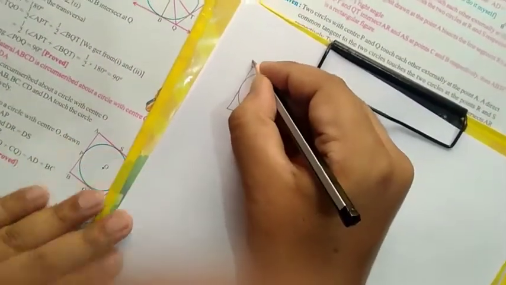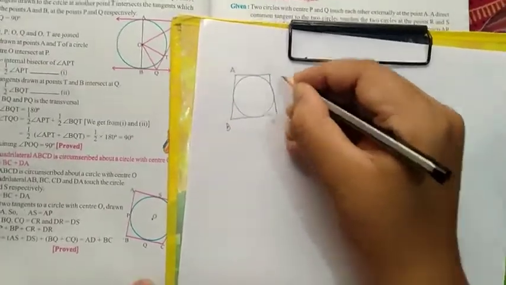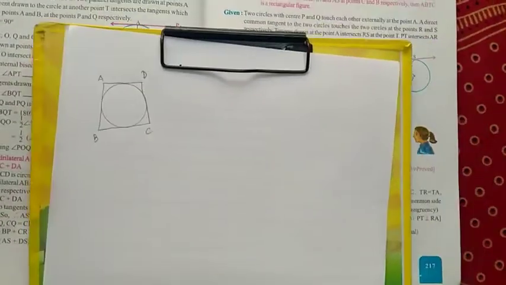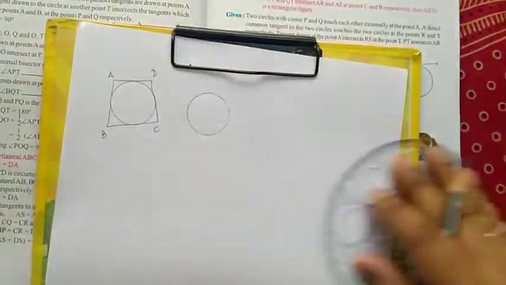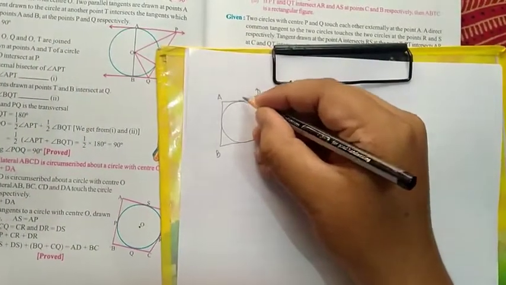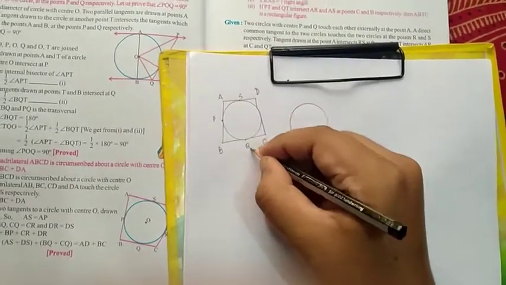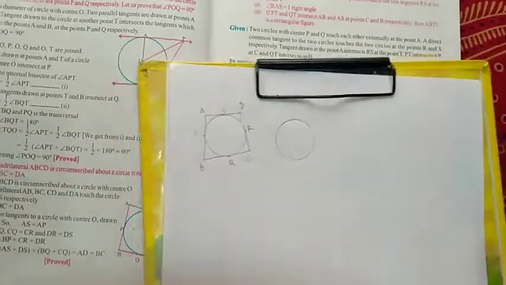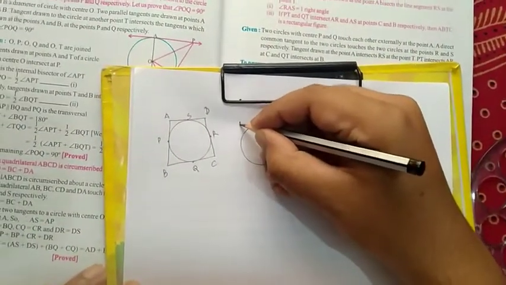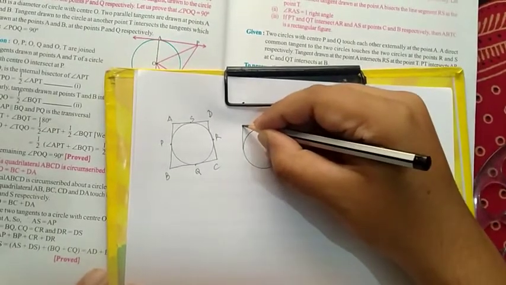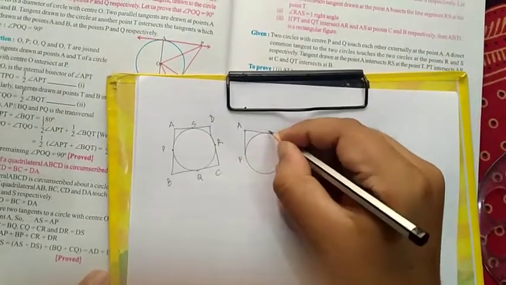Now you see, this is point A and this is point B, C, D. We can draw this diagram also like this, and the points of contact are S, P, Q and R. This is A, this is P, this is S.